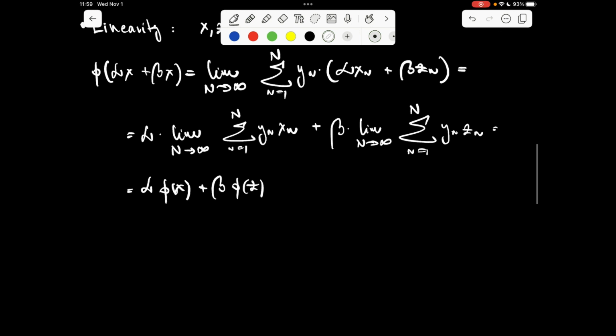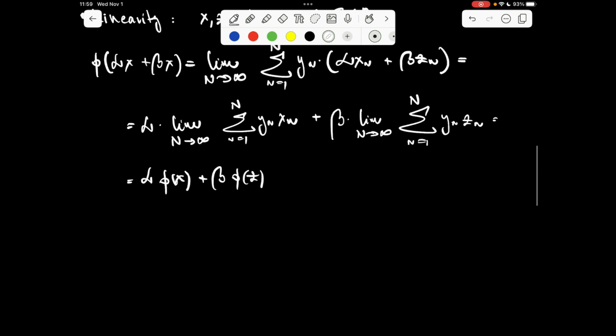This is theorem 15.1. Let's use Hölder's inequality. So this is the linear functional, and this is the same linear functional after expansion.